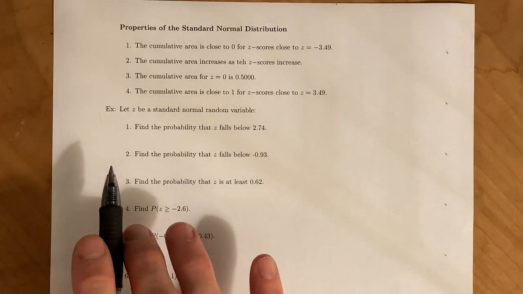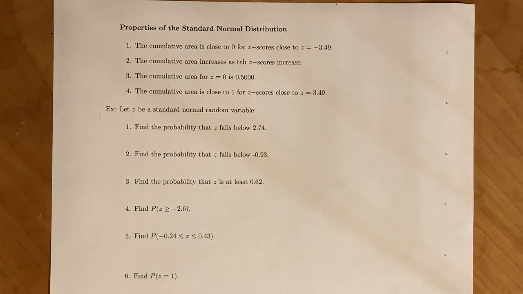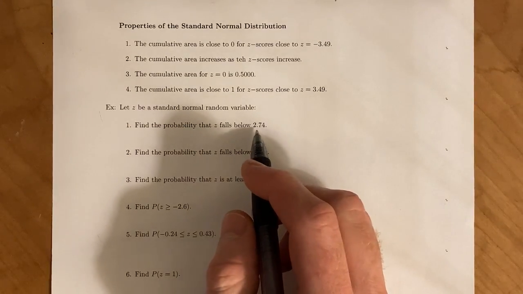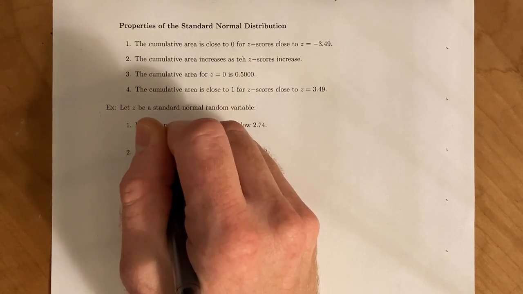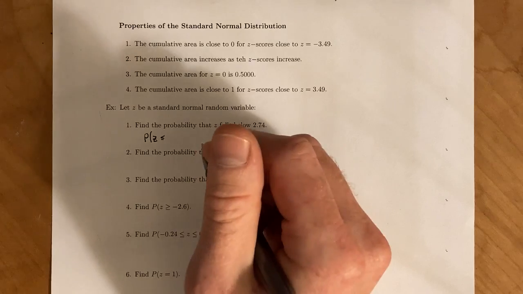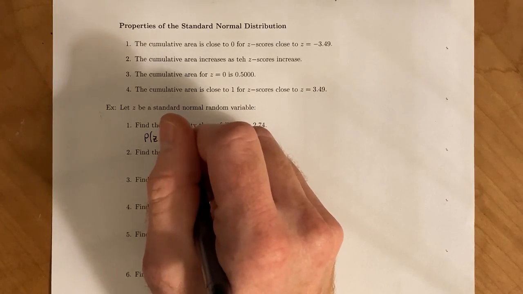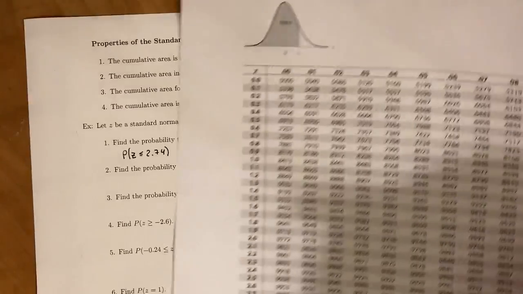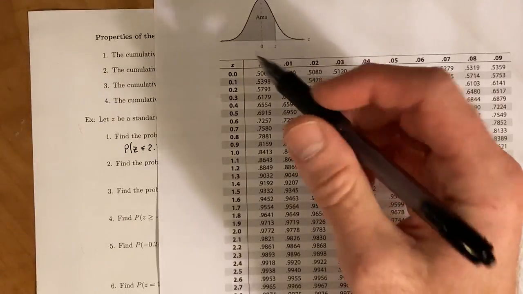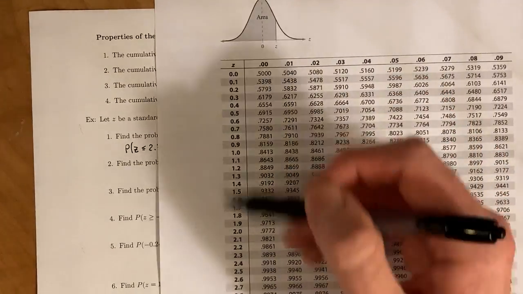Our first question is to find the probability that z falls below 2.74. So we want to find the probability that z is less than or equal to 2.74. And to do that, we take our chart that has the positive numbers.